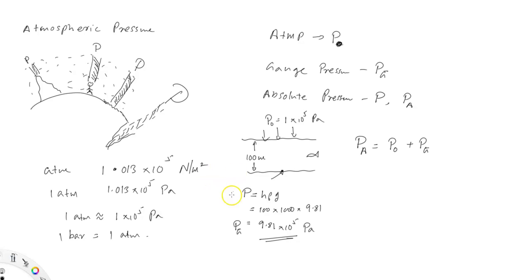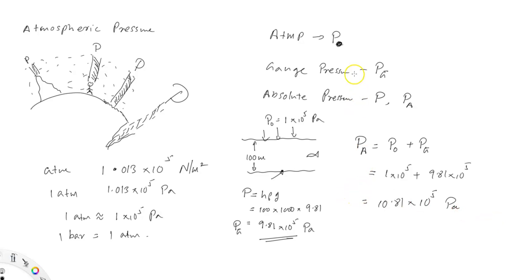So what we calculated here is the gauge pressure. If you want to find the absolute pressure, then you have to add the two numbers, so that will be 1 times 10 to the 5 plus 9.81 times 10 to the 5, that gives you 10.81 times 10 to the 5 pascals.